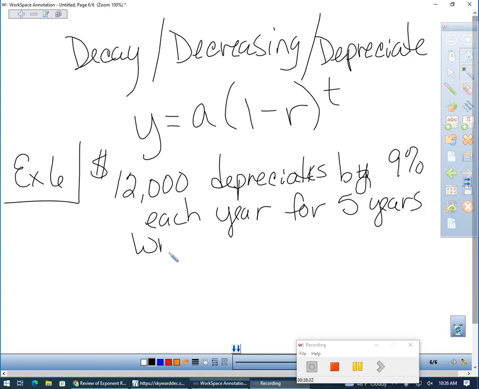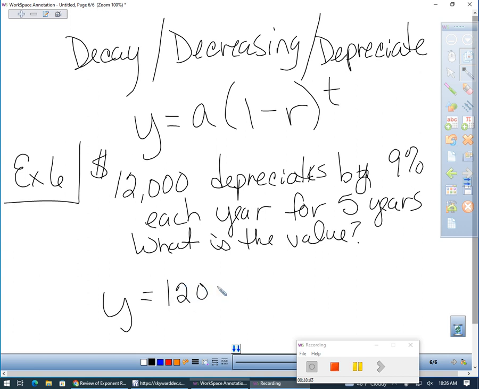What is the value of your car? All right, so we have y equals 12,000 times (1 minus 9%, we're going to write as 0.09) to the 5th power.